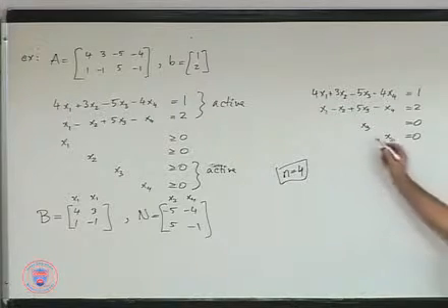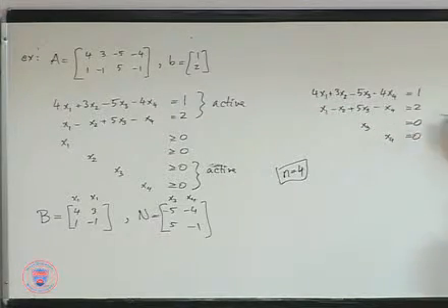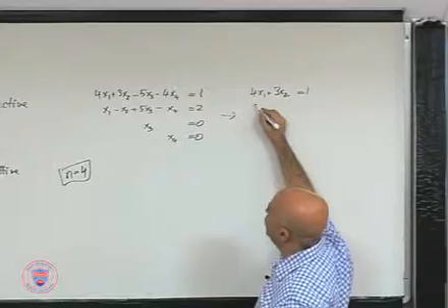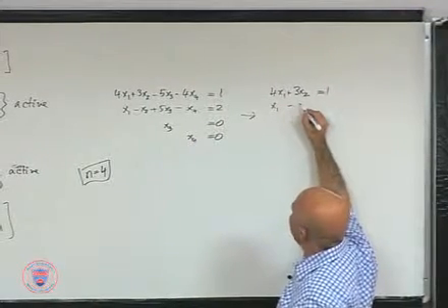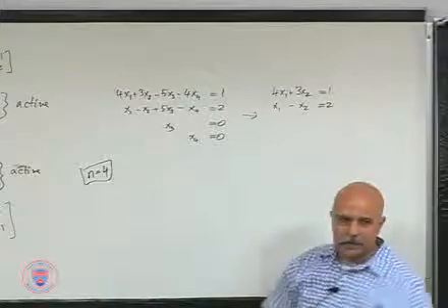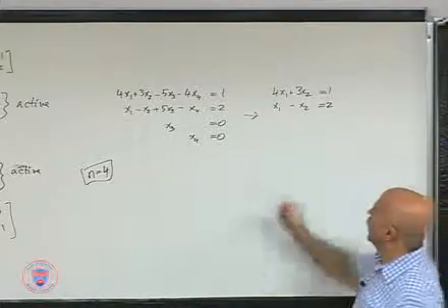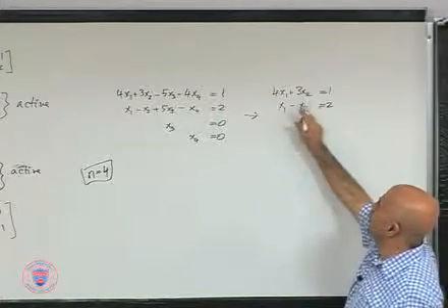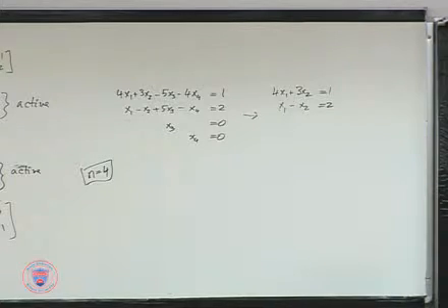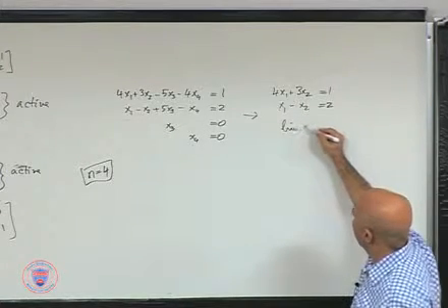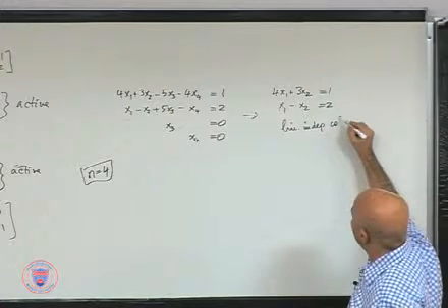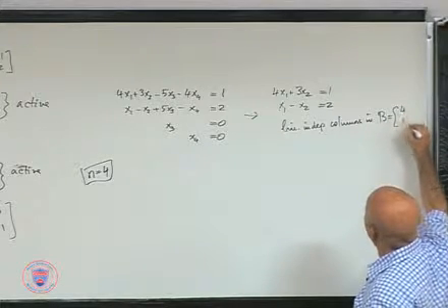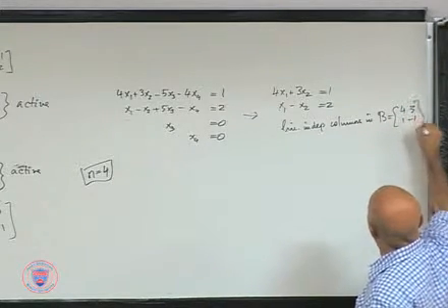Now, of course, with x3, x4 being equal to 0, obviously you've got 4x1 plus 3x2 equals 1, and x1 minus x2 equals 2. That's what it gives you. And you can see that the columns here, 4, 1, and 3, minus 1, are linearly independent. Columns in B, which consists of 4, 1, and 3, minus 1.